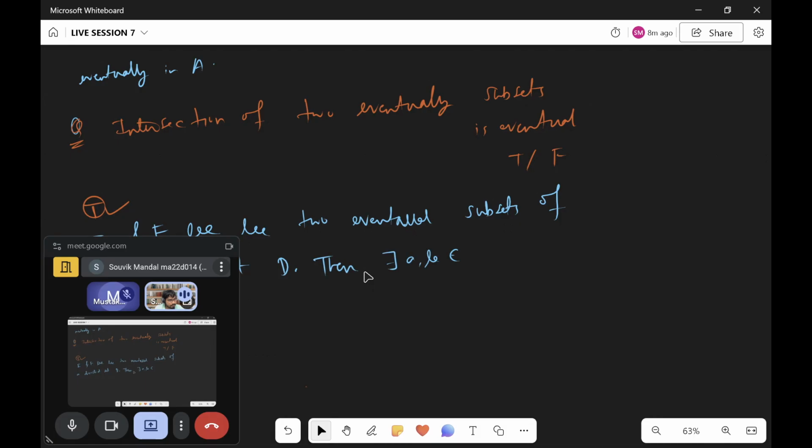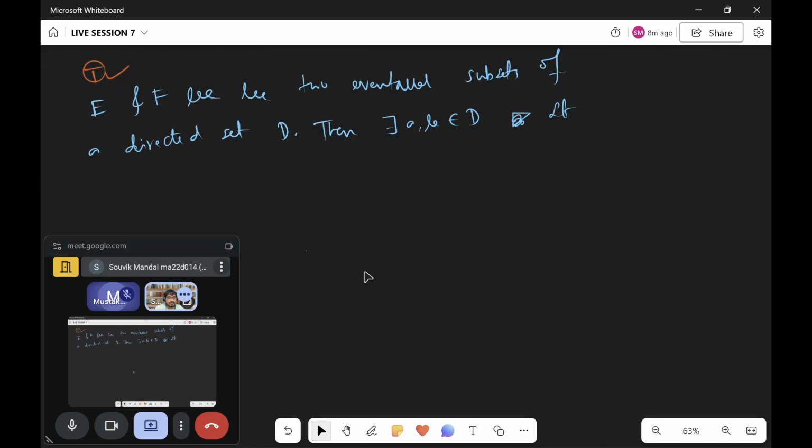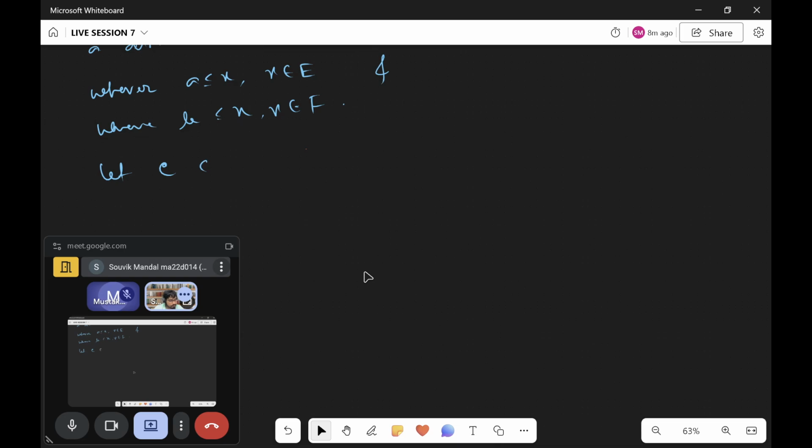Then there exist A, B belonging to D such that whenever A is less than or equal to X, X belongs to E, and whenever B is less than or equal to X, X belongs to F. Let C belong to D such that A is less than or equal to C and B is less than or equal to C, since D is directed.